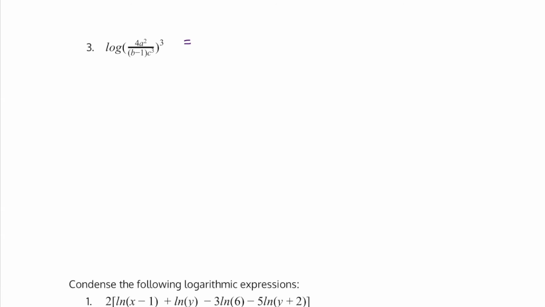So this would become log of 4 cubed a to the 6th, right, because you have a squared cubed, which is a to the 6th, over b minus 1 cubed, and then c cubed cubed, you multiply them, is c to the 9th. Now I can just go through again and do quotient, power, product.